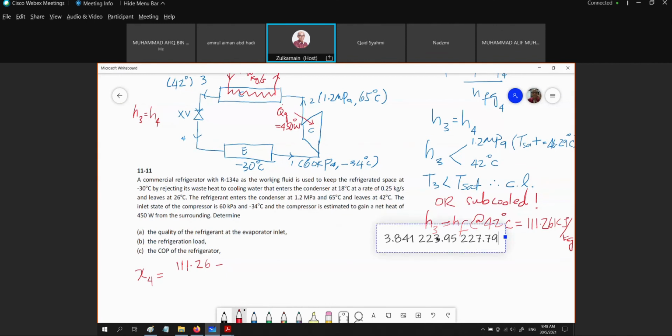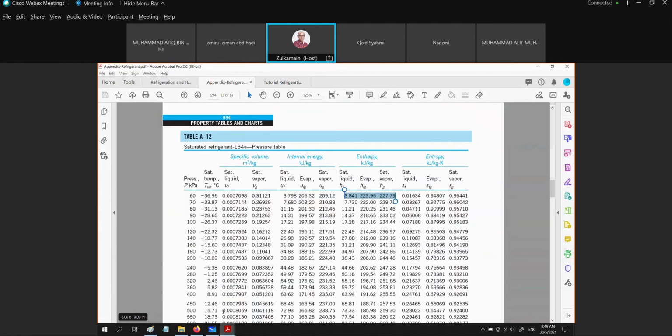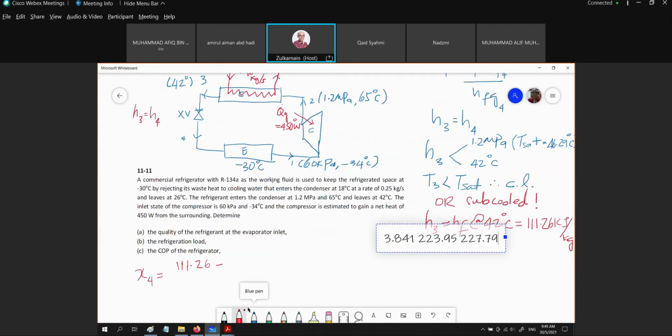What did I copy right here? Yeah, the value of HF, the first one. So this is 3.841, divided by HFG, which is 223.95.